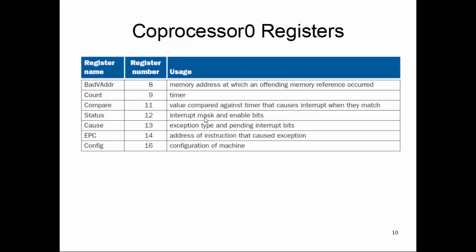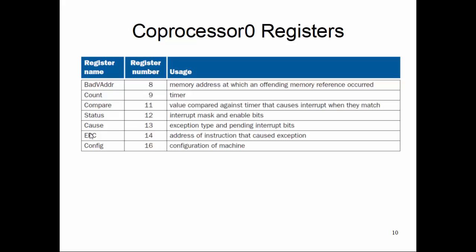Then Status and Cause, which we'll talk about in detail in the next slide. They are used for interrupt mask implementation and enable bits, and Cause gives some idea about exception types and pending interrupt bits, if any.